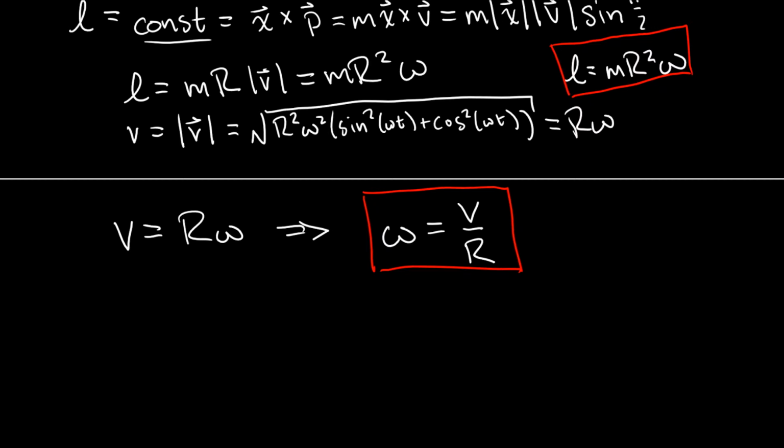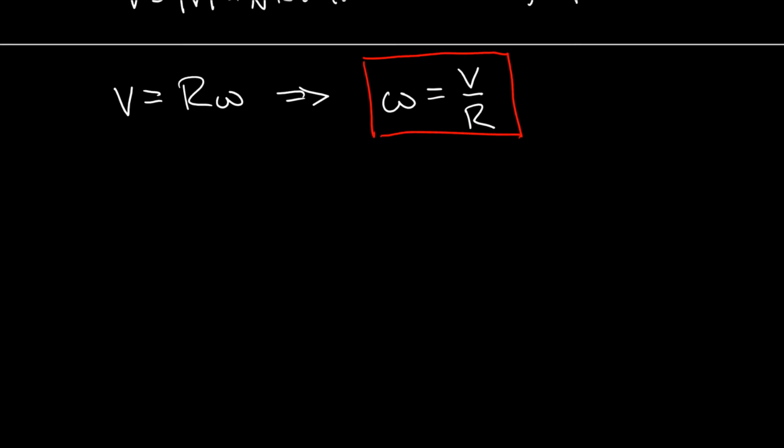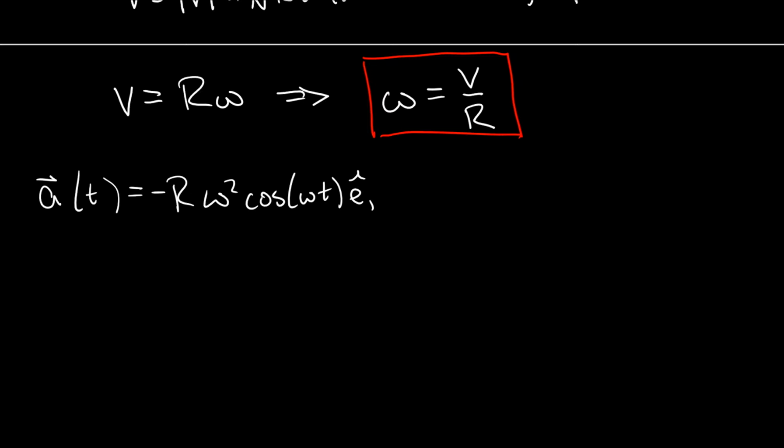Okay, so now let's go ahead and find the acceleration just by taking another derivative of the velocity. When we do that, we get something that looks like minus r omega squared cosine omega t e1 hat minus r omega squared sine omega t e2 hat.